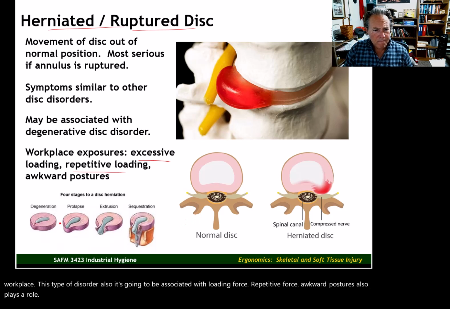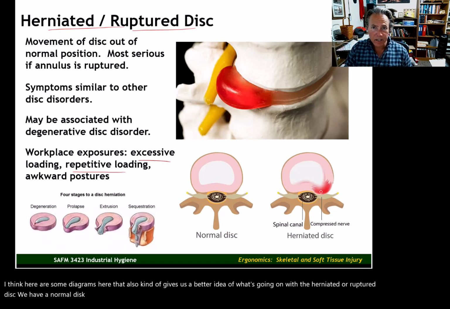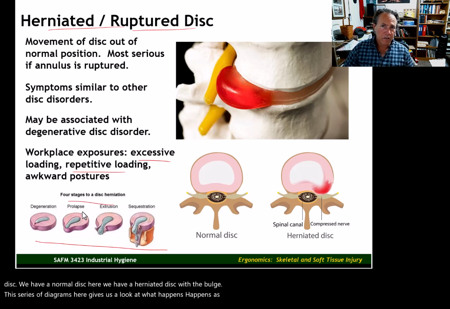I think here are some diagrams that also kind of give us a better idea of what's going on with a herniated or ruptured disc. We have a normal disc here. Here we have a herniated disc with a bulge. This series of diagrams gives us a look at what happens as a herniation develops and progresses through different stages.